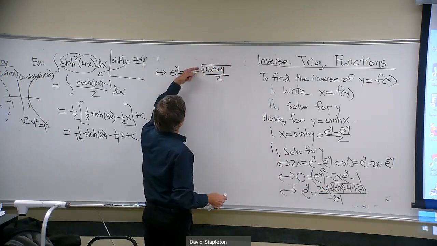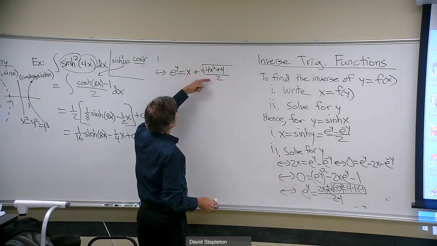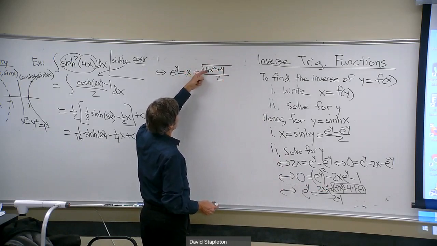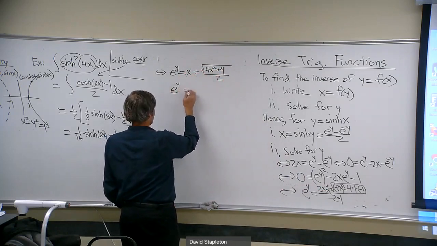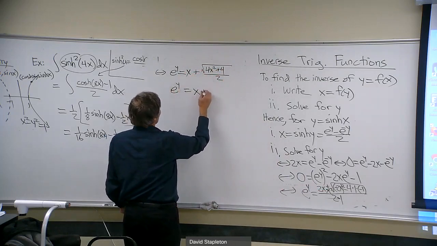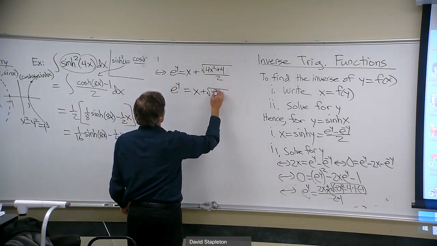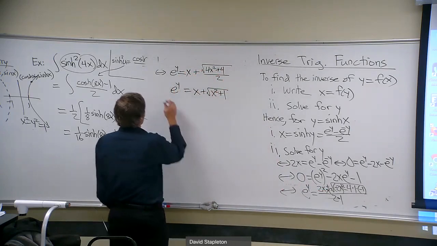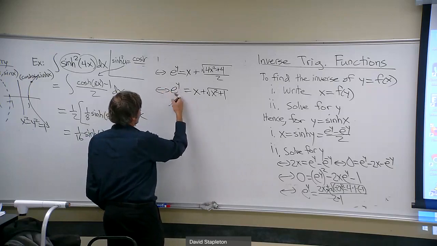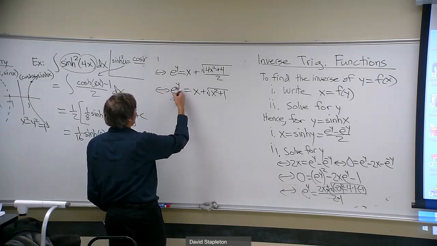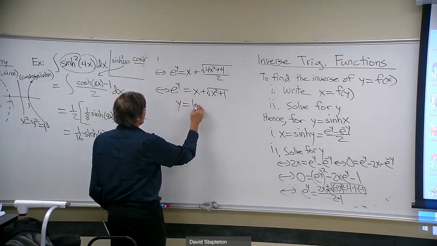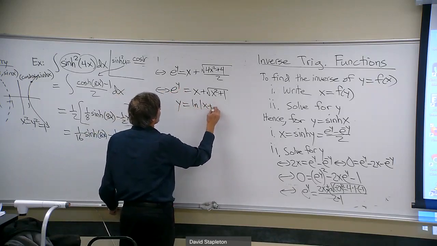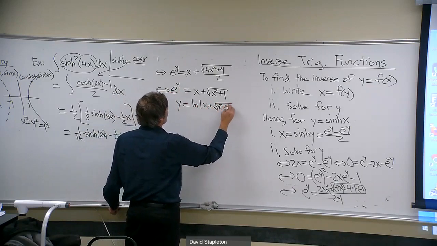Well, you can take 1/2 the top over 1/2 the bottom. The 1/2 on the top can go under the square root as a 4th and get rid of those 4s, and you come up with e to the y is x plus square root x squared plus 1. How about that? Now you take the logarithm of each side to get rid of the exponential, right? ln of e to anything is just that thing. So ln of e to the y is y. On the left is equal to ln of x plus square root x squared plus 1.